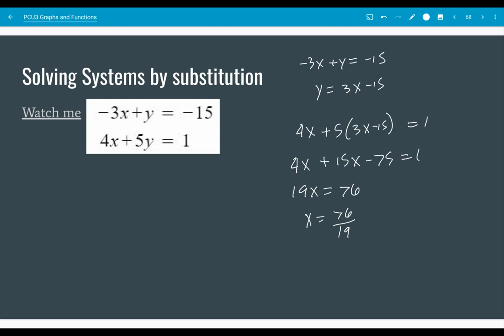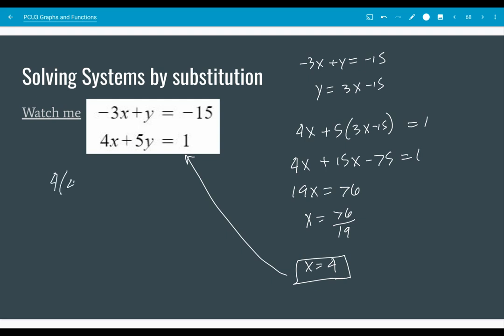So x is equal to 76 over 19, which simplifies down to 4. Now that's solved for x, but generally speaking, we're looking for both values. So we plug x back into one of our equations.